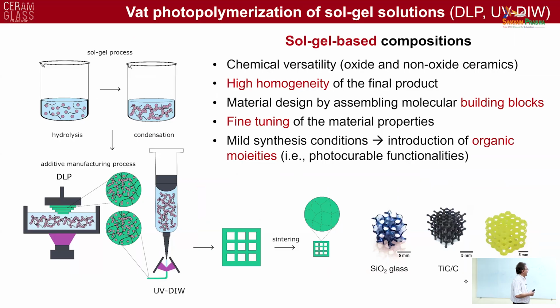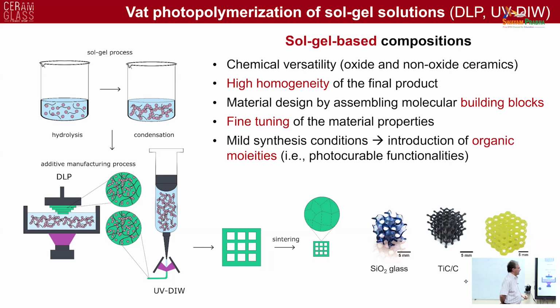So I will show you some examples from different projects that we had, and you can process sol gel systems with additive manufacturing technology based on digital light processing. And we also tested UV assisted direct ink writing.